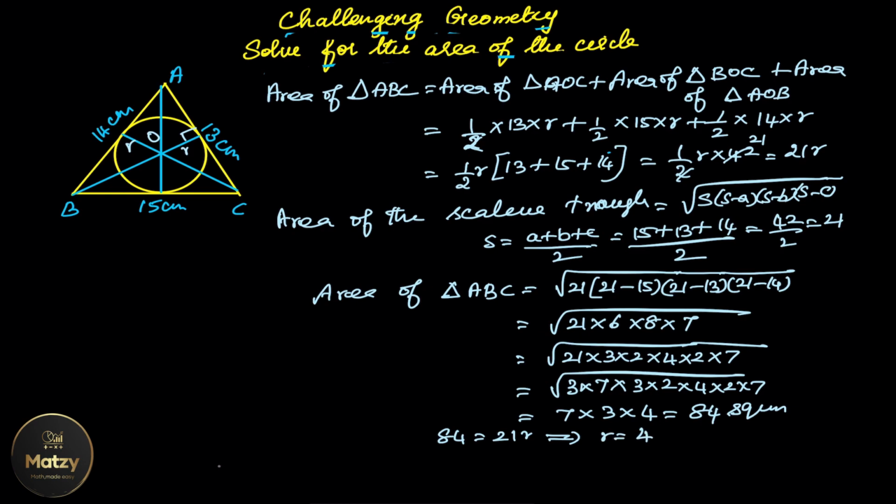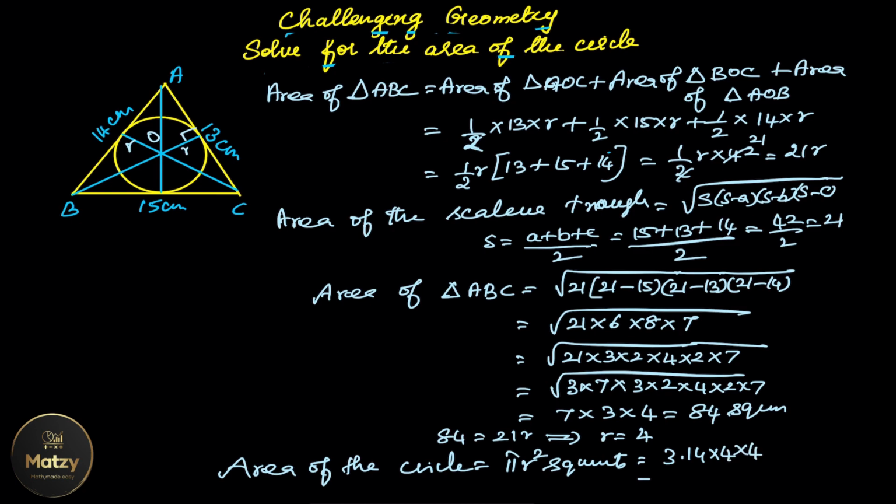What is the area of the circle? Radius I got. Area of the circle is equal to pi r squared. Okay, that is 3.14 into 4 into 4. What is the answer? 3.14 into 16.